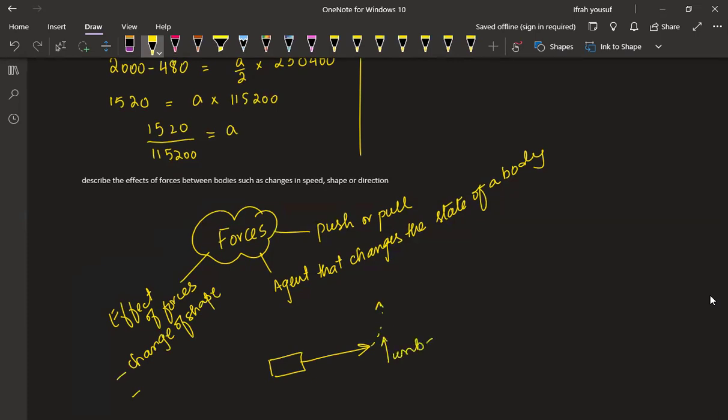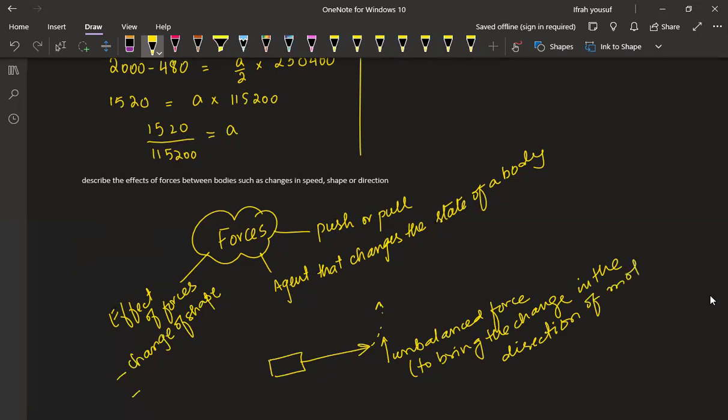You need to apply an unbalanced force to bring the change in the direction of motion. So yes, change in direction.